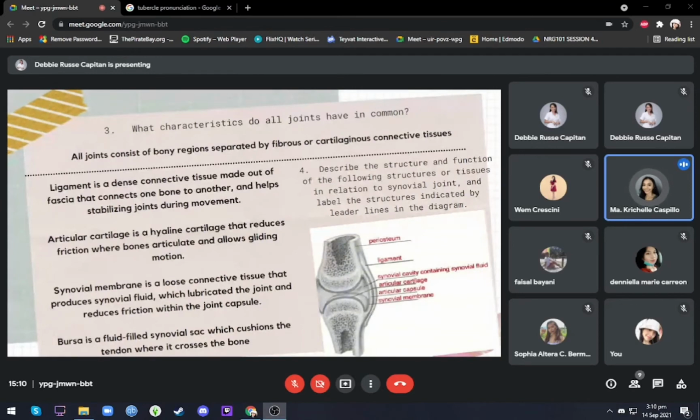Describe the structure and function of the following structures or tissues in relation to the synovial joint and label the structure indicated by the leader lines in the diagram. As you can see in the picture, this is the periosteum, the ligament, synovial cavity containing synovial fluid, articular cartilage, articular capsule, synovial membrane.